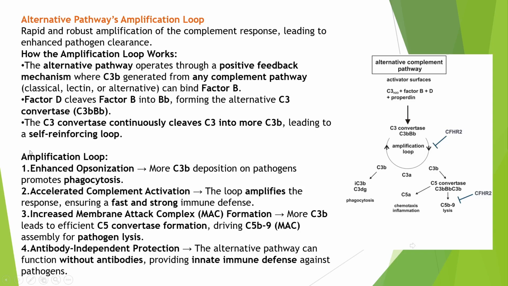How it works is the alternative pathway operates through a positive feedback mechanism where C3b is generated from any complement pathway. It is not necessary that the C3b should be from the same pathway. Any C3b works the same.